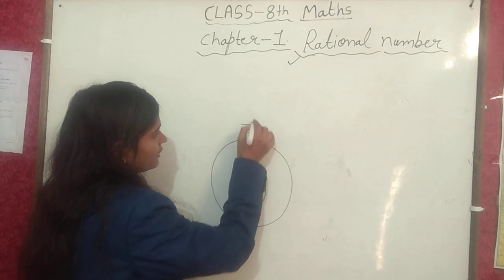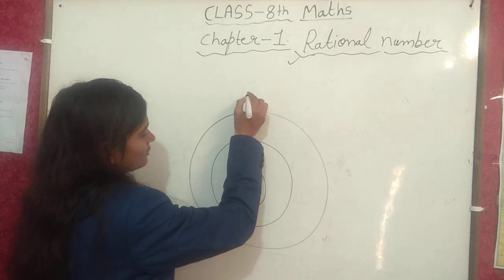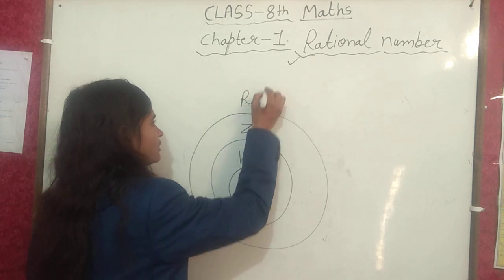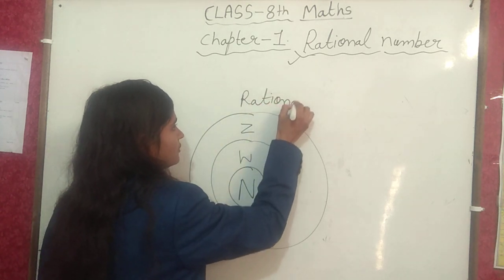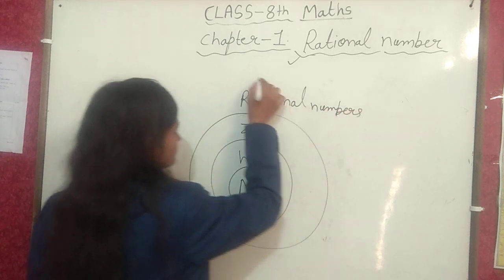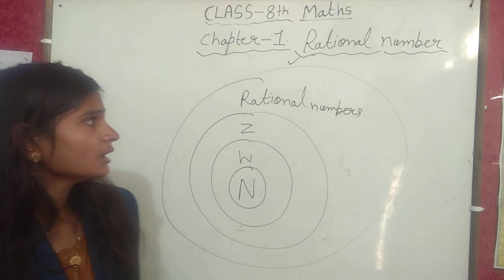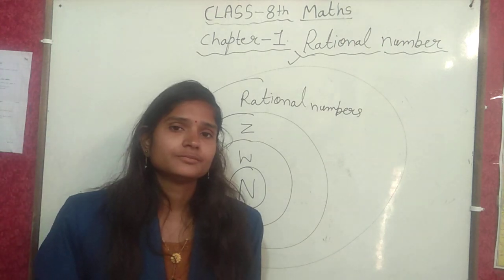And after that, we learn integers, and integers are also included in rational numbers. So this has become our number system.